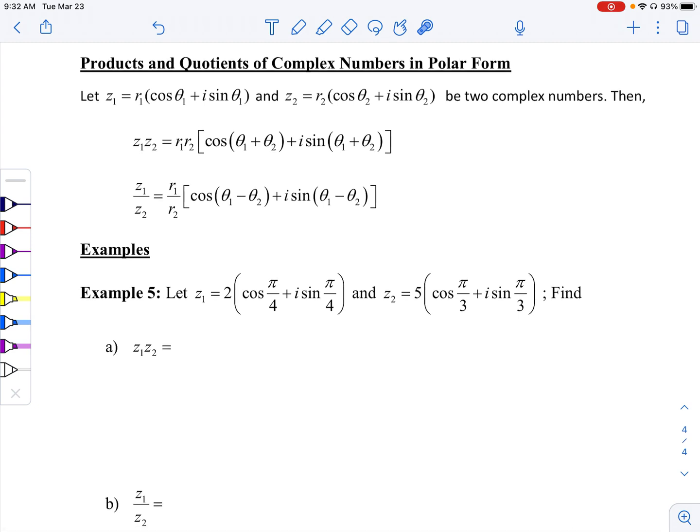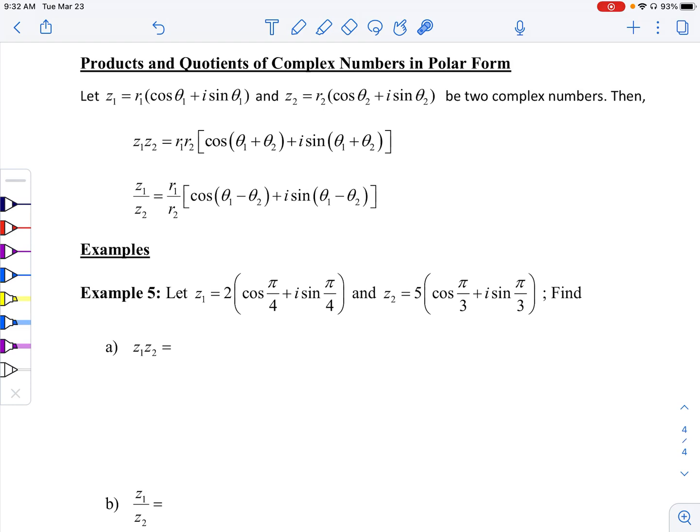So the very last thing that we need to do with these complex numbers is we're going to look at how to find the product and the quotient of complex numbers in polar form. So if you have two complex numbers, I've gone ahead and said Z1 is equal to R1 times the quantity cosine of theta 1 plus i sine of theta 1. And similarly, Z2 is equal to R2 cosine of theta 2 plus i sine of theta 2.